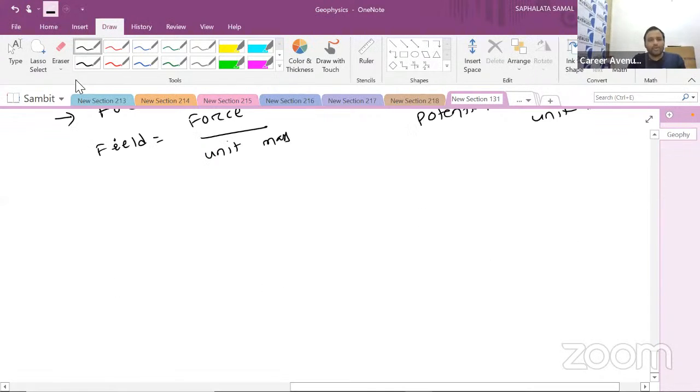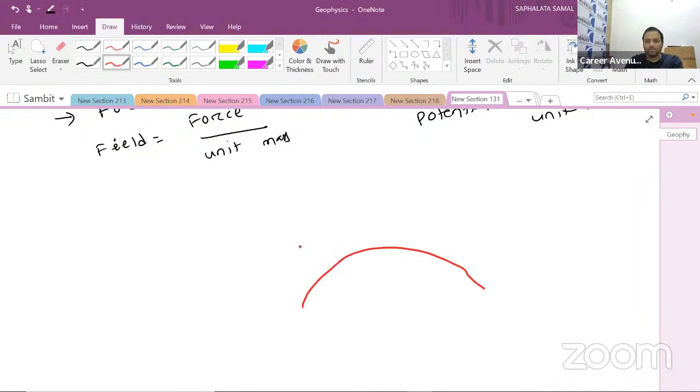Now, when the ball is coming down, let's say we have the earth, the ball is coming down. Suppose the ball has a mass of m. It is coming down with an acceleration. We know from Newton's second law that rate of change in momentum is proportional to the force, and a particular interpretation is force is equal to mass into acceleration.